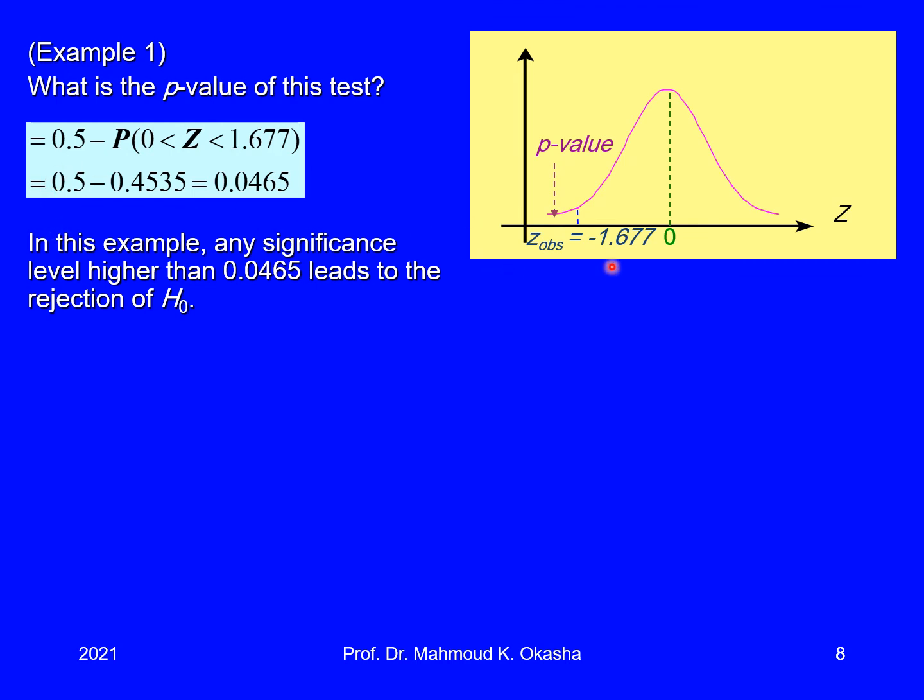The probability of z less than minus 1.677. Again, we want to calculate the probability that z is less than minus 1.677.